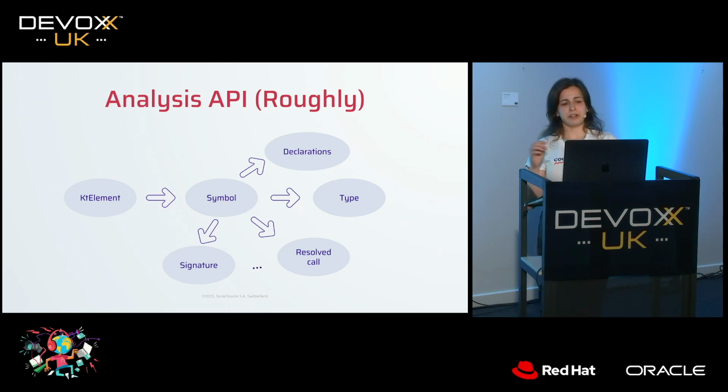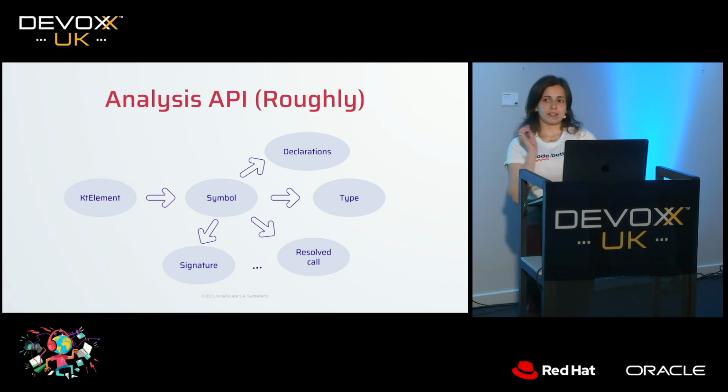Of course, you're not always going through symbols, but it's very nice that all the symbols are typed. For example, from a class you can only get a class symbol, or a declaration can be a declaration symbol, and you can only get the things that are relevant to that structure. So it's much easier to work with.